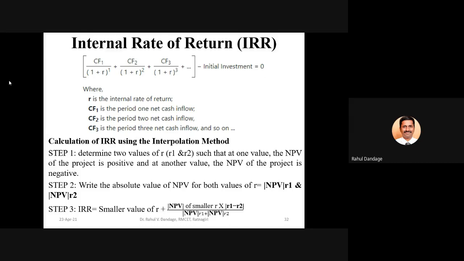So we consider one value of R and calculate the net present value.